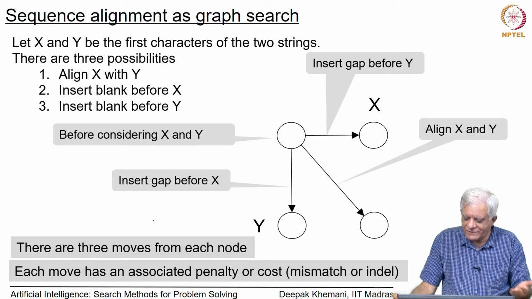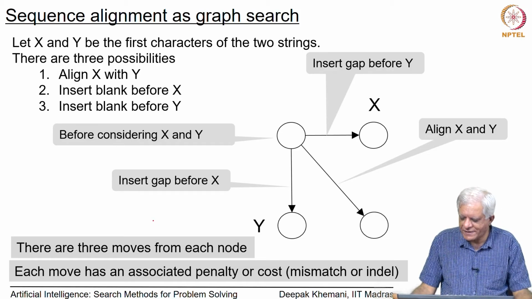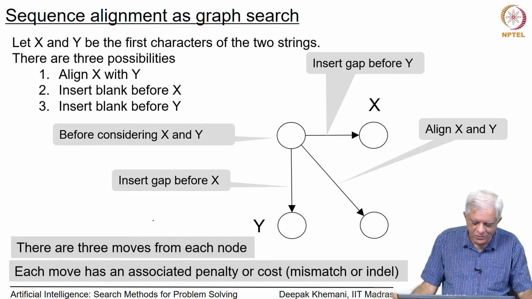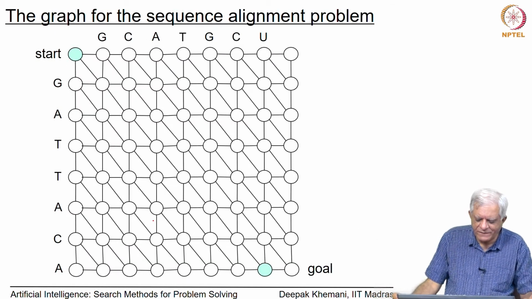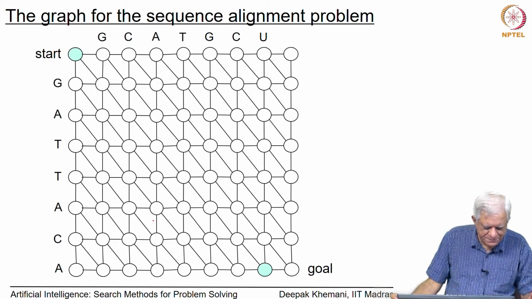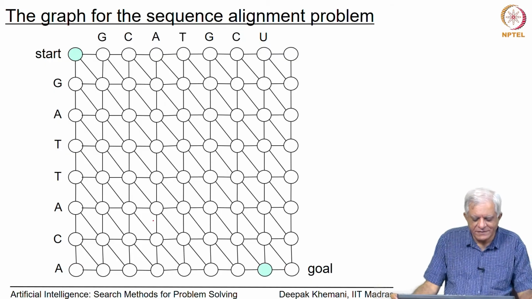So, after having done the first move, you would end up in one of these three successor nodes, and from there you would face a similar problem as to what should you do next, as to what are the other characters that you are looking at in the string. So, if you have, let us say, two strings in this example, the two strings are of equal length here.